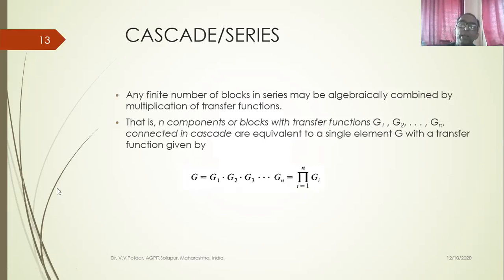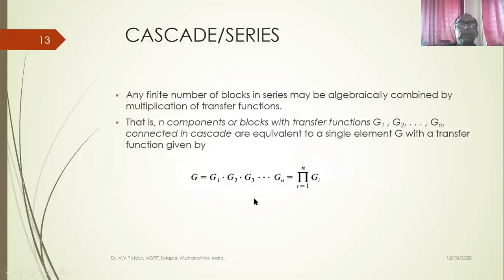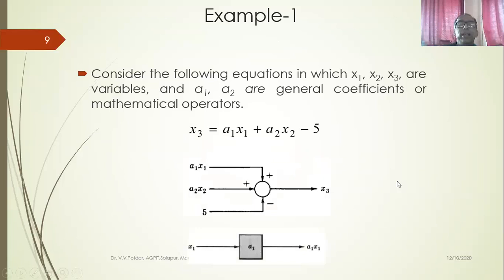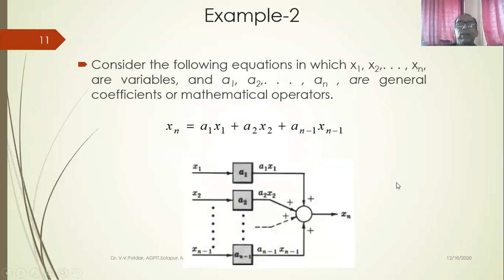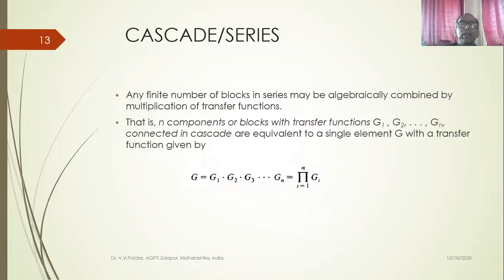So this is the product of gi where i varies from 1 to n. Now how to represent that? I will have a number of blocks with g1, g2, g3 up to gn. I can just multiply them to get the overall block diagram. These are called series elements.